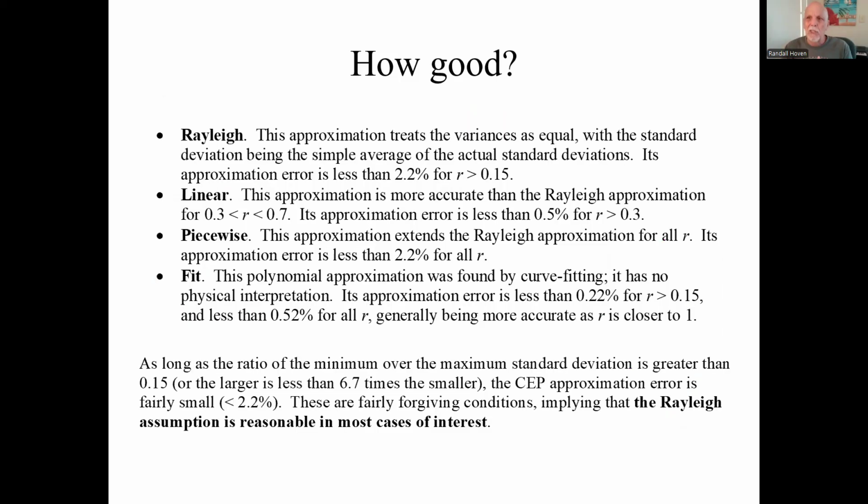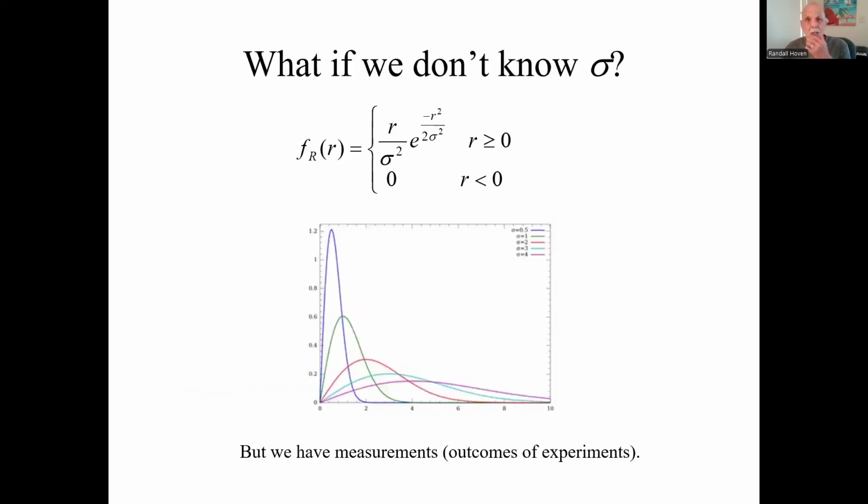So all that is a way to say those 2 assumptions aren't that confining. You can get rid of them, and the Rayleigh distribution still does a pretty good job, at least as measured by how close it calculates the CEP. It's kind of long, but it's worth knowing.